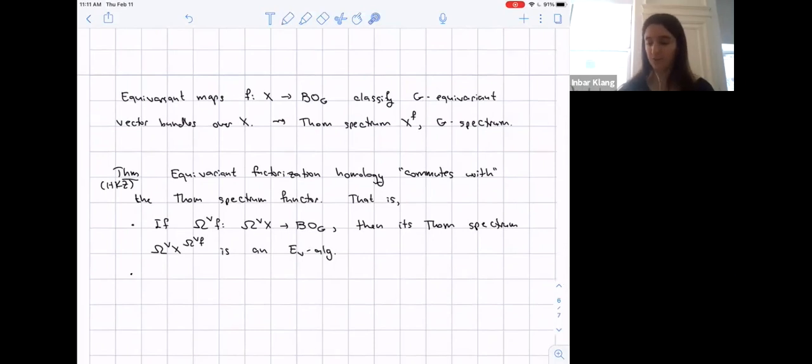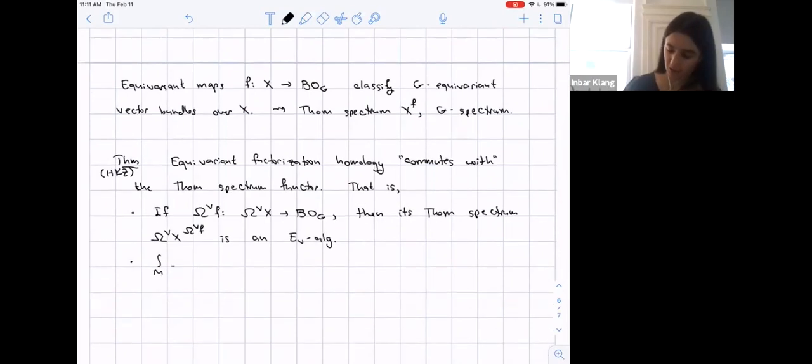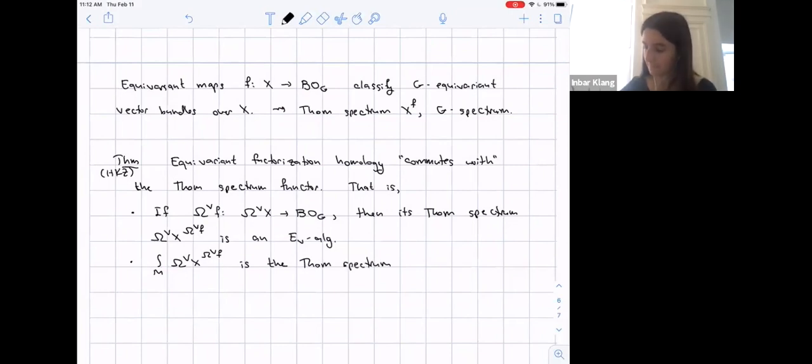Okay, so once you know that this Thom spectrum is an E_V algebra, you can evaluate factorization homology on it. So the theorem is that the factorization homology with coefficients in this Thom spectrum is also a Thom spectrum. So this is going to be the Thom spectrum of the following map.